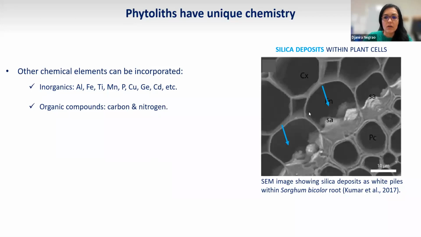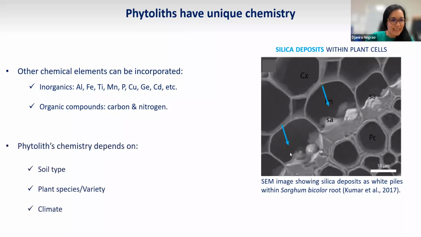And we can also find inside phytoliths organic carbon and nitrogen. This organic carbon is part of this project between synchrotron light sources, where we are trying to figure out where the carbon is located and the quantity, but I'm not going into details today.